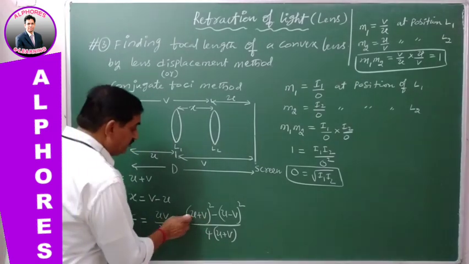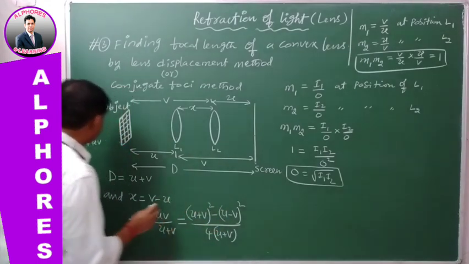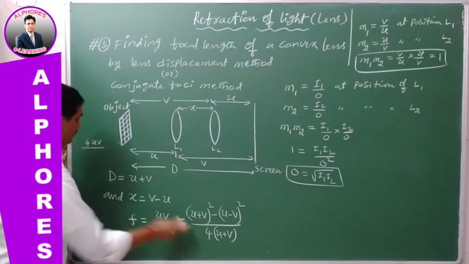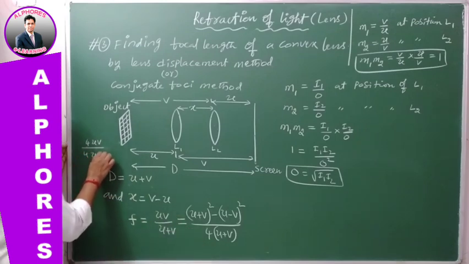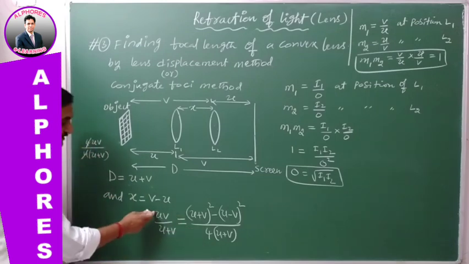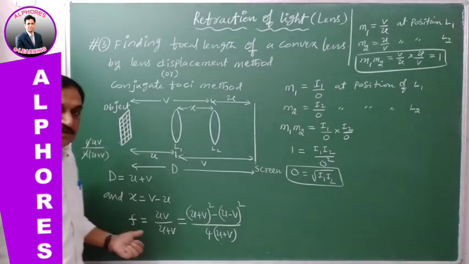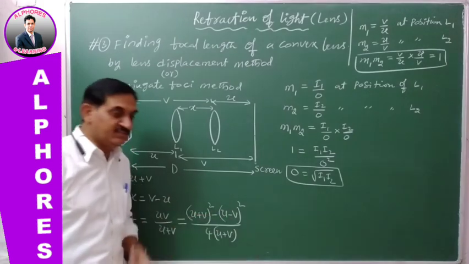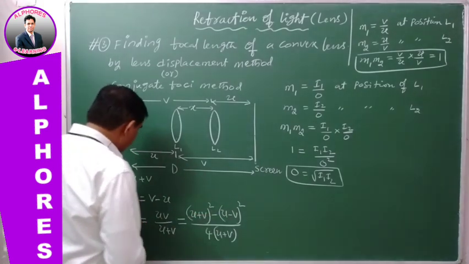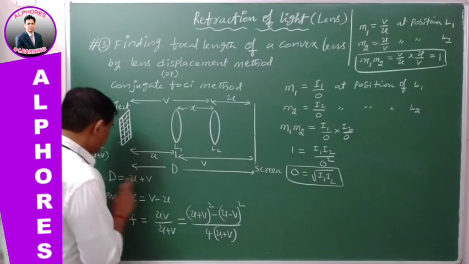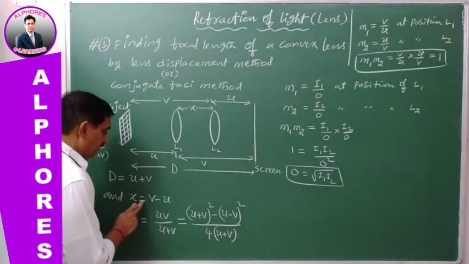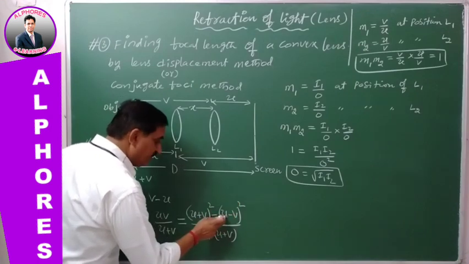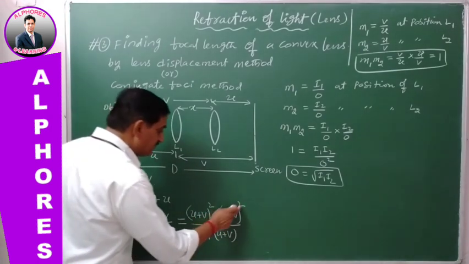See, U plus V whole square minus U minus V whole square, after expanding and simplifying, gives 4UV over 4 into U plus V. You get back the same formula you started with. But as we know, U plus V is equal to capital D. U minus V whole square is there; either U minus V or V minus U, it doesn't matter because of the square.